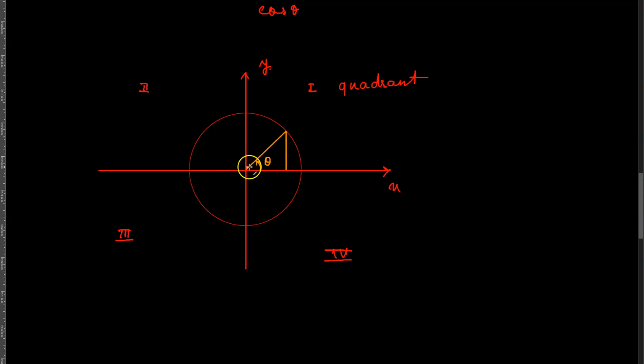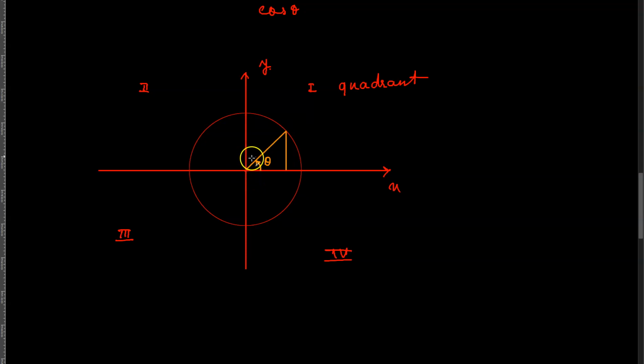So in this circle, I don't have to worry about the length of the hypotenuse because it's already 1, at least as long as sine and cos are concerned. Then I can calculate the cos of theta, which is this length, the adjacent side to the hypotenuse, which is 1.